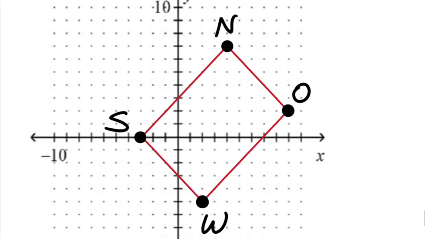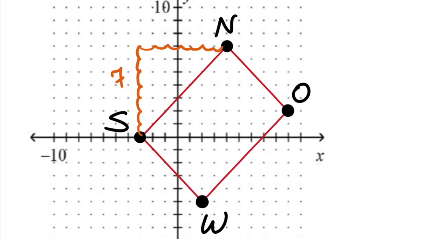On here, what I'm going to do is figure out the slope of each side. So from S to N, I'm going 1, 2, 3, 4, 5, 6, 7 up. So my rise is 7. My run is 1, 2, 3, 4, 5, 6, 7. Wow, look at that, 7 and 7.